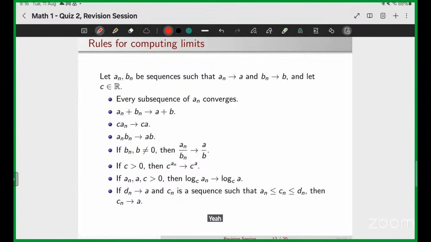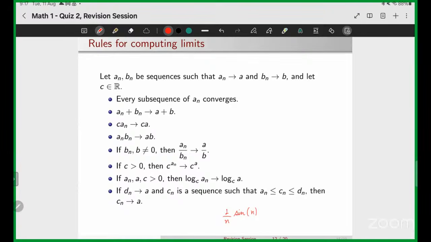It's called the sandwich theorem, and this is also from calculus.